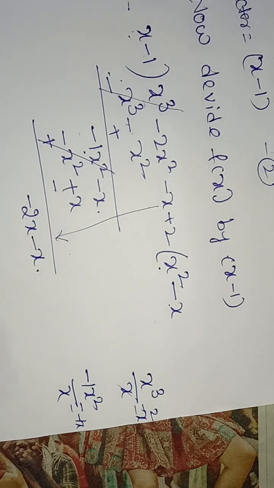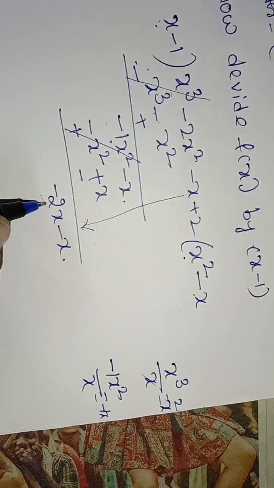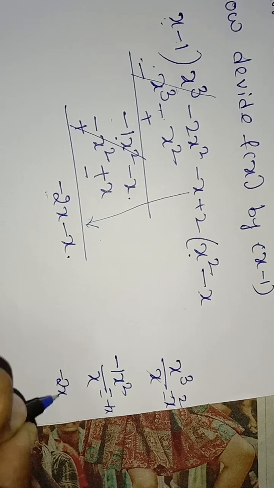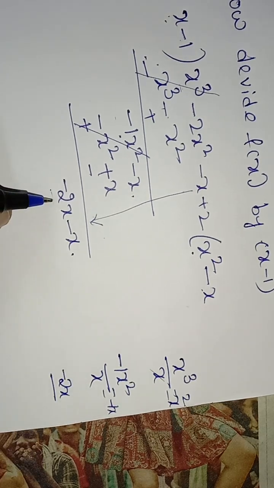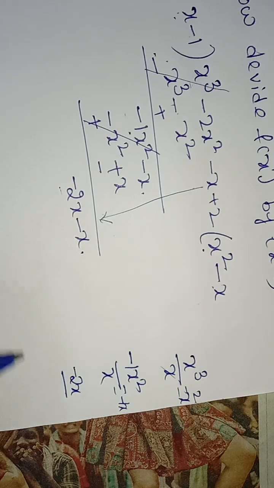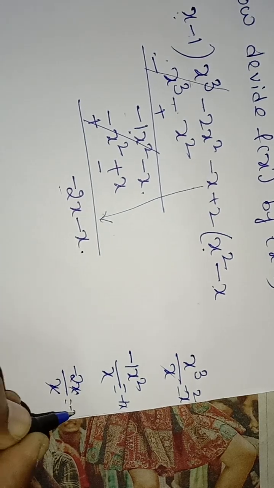Take this term, minus 2x. To find the quotient, divide it with the first term of your divisor x, so you will get minus 2.